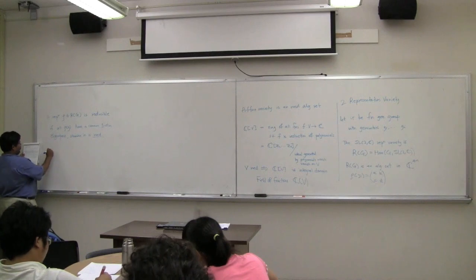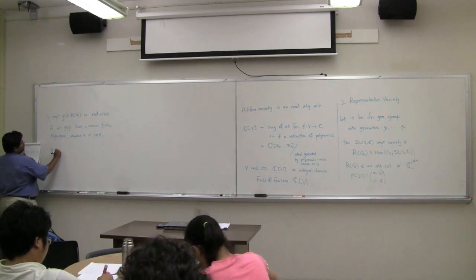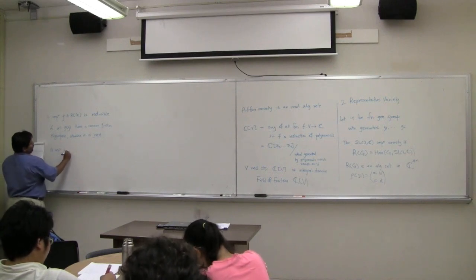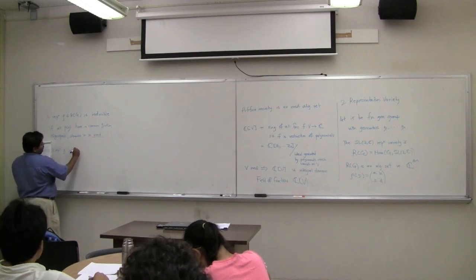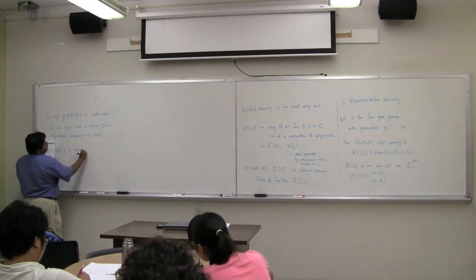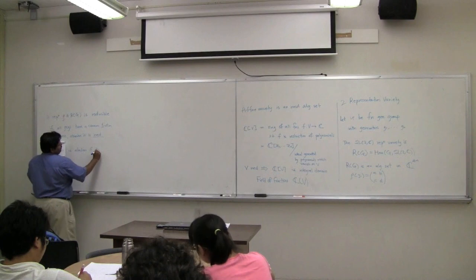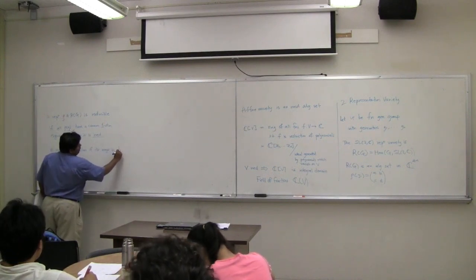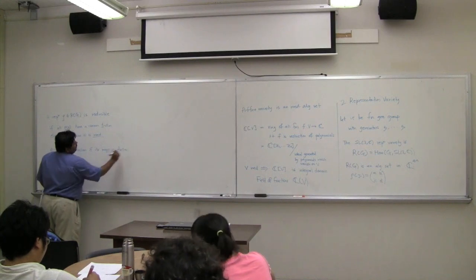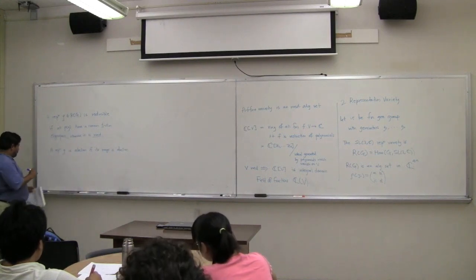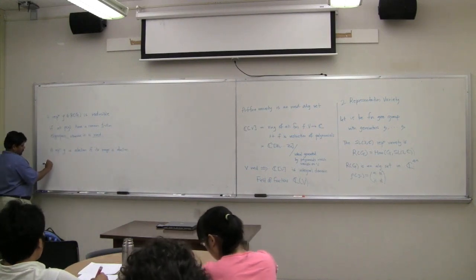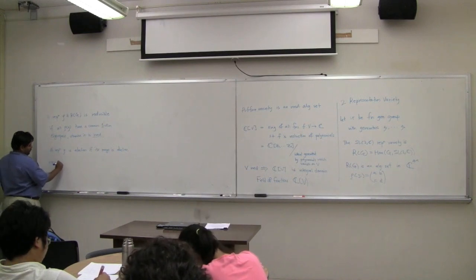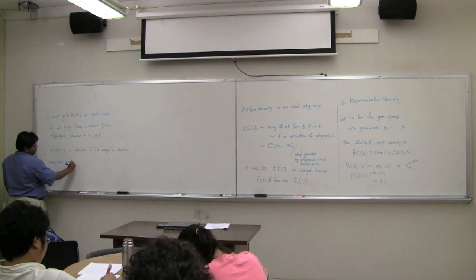And a representation rho is abelian if its image is abelian. Irreducibility implies the representation is not abelian.